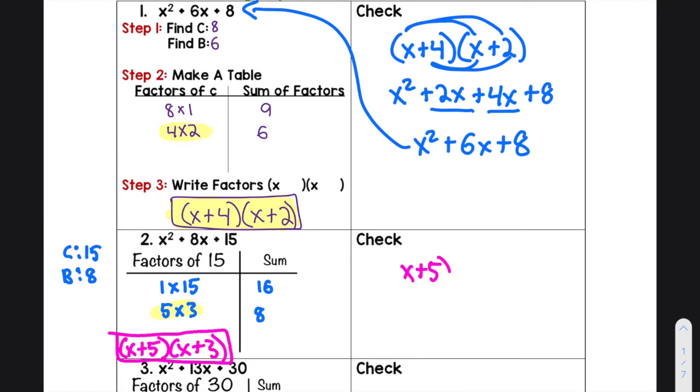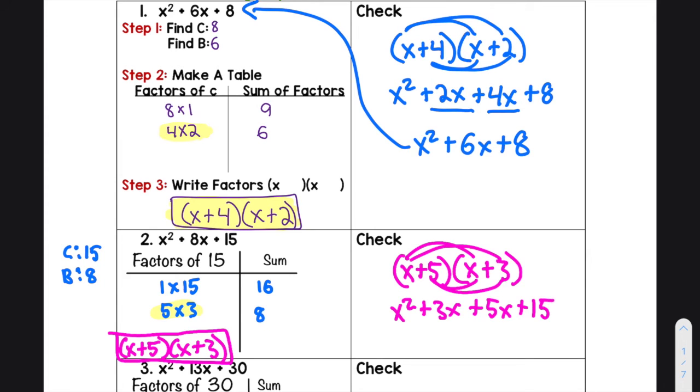What we're saying is that the binomial x plus 5 times the binomial x plus 3 would equal the trinomial that we started with. Just as above, let's go ahead and multiply these two binomials, getting the terms x squared plus 3x plus 5x plus 15.